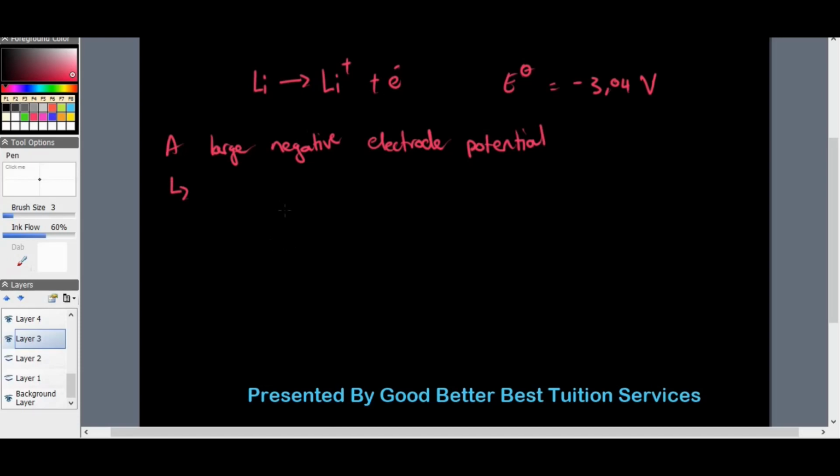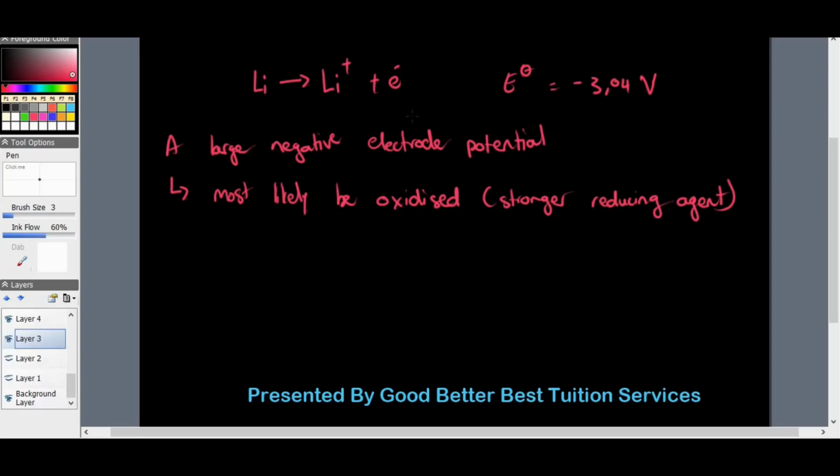A large negative electrode potential indicates that a substance will most likely be oxidized, because it is a stronger reducing agent, as per the example over here that you see there.